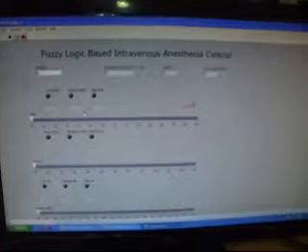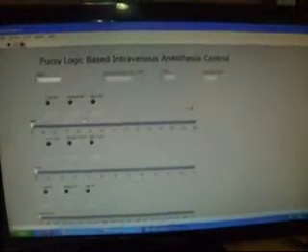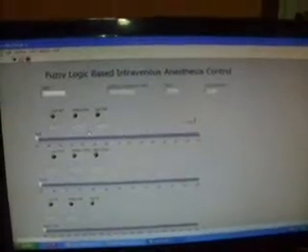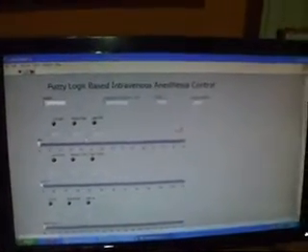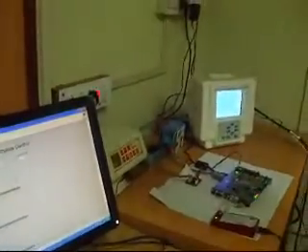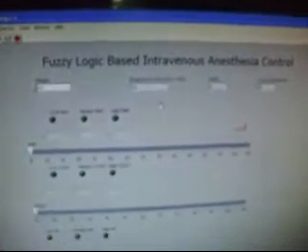So let me give you a short simulation. The strategy of intravenous anesthesia is that first of all, an induction dose is delivered to the patient. How much induction dose should be delivered depends on the weight of the patient. Suppose the weight of the patient is 60 kg. For 60 kg, 18 ml induction dose should be delivered.